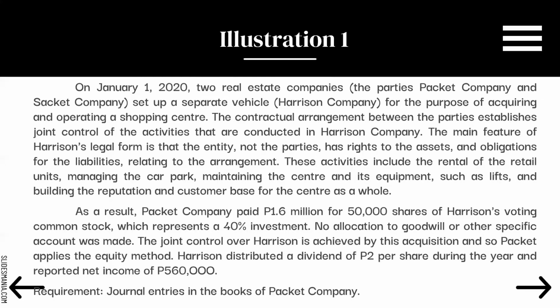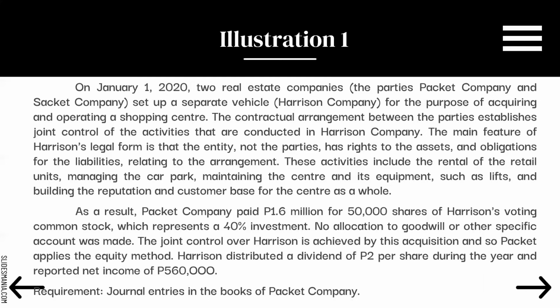These activities include the rental of the retail units, managing the car park, maintaining the center and its equipment, such as lifts, and building the reputation and customer base of the center as a whole. As a result, Packet Company paid $1.6 million for 50,000 shares of Harrison's voting common stock, which represent a 40% investment.